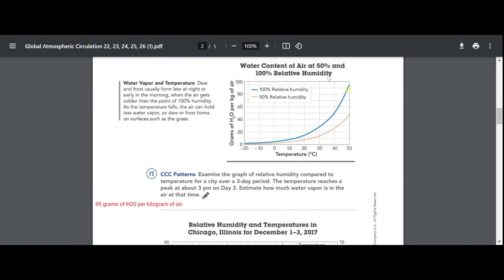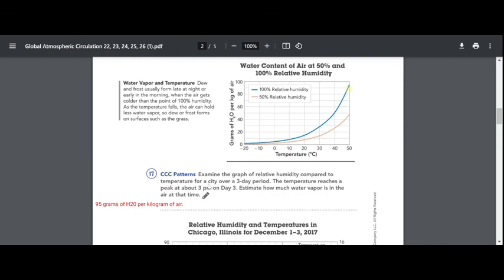All right, so this graph right here shows water content of air at 50% and 100% relative humidity. Over here on the y-axis, we see grams of water per kilogram of air. On the x-axis, we see the temperature in degrees Celsius from negative 20 degrees Celsius to 50 degrees Celsius.